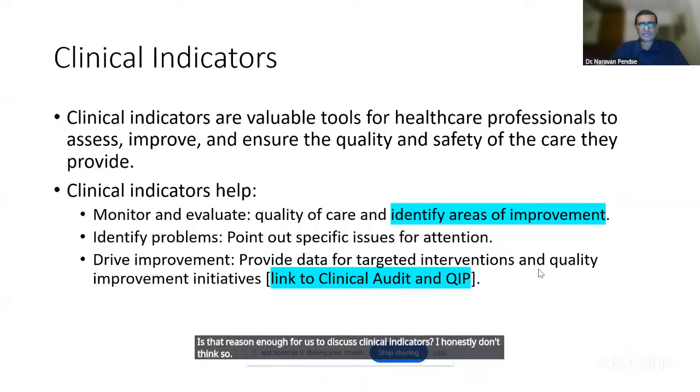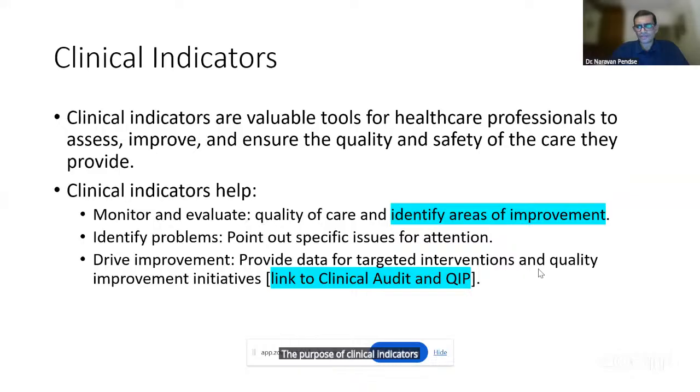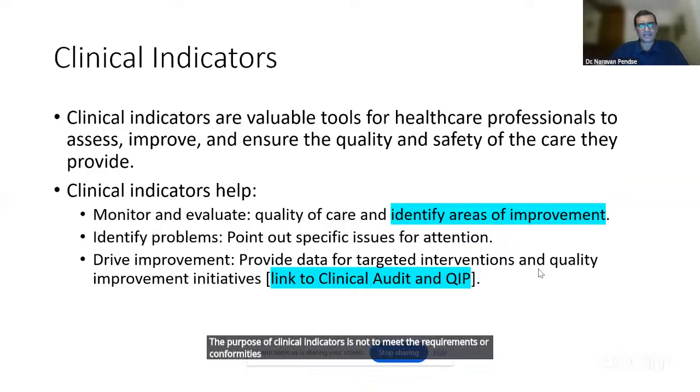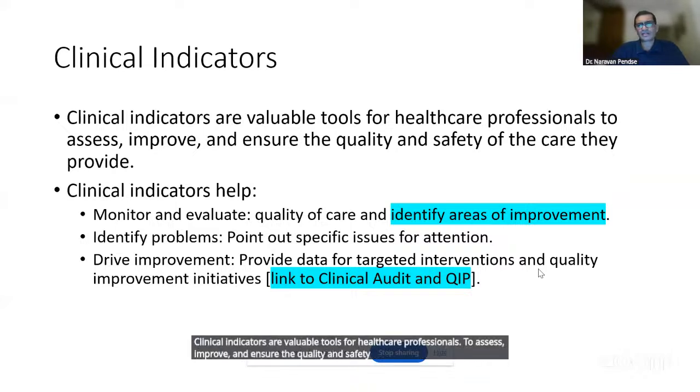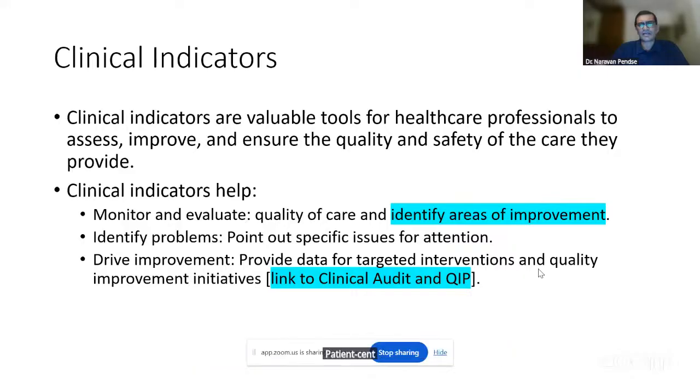The purpose of clinical indicators is not to meet the requirements or conformities of any accreditation body. Clinical indicators are valuable tools for healthcare professionals to assess, improve, and ensure the quality and safety of the care that they provide. Obviously, provide to our patients, and this is an example of patient centric care and monitoring of care. What do they help in?